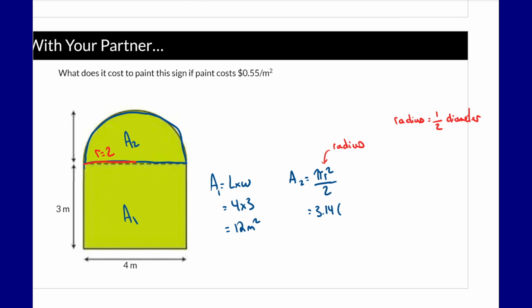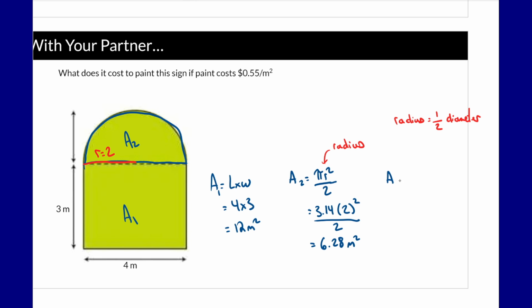So 3.14 times 2 squared, all divided by 2, and we should get 6.28 meters squared.